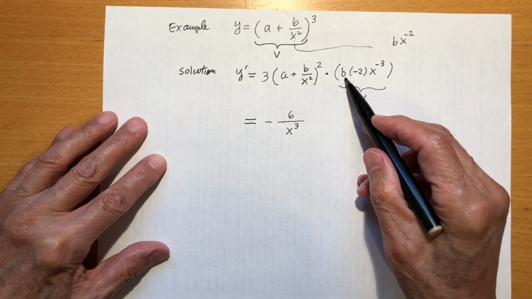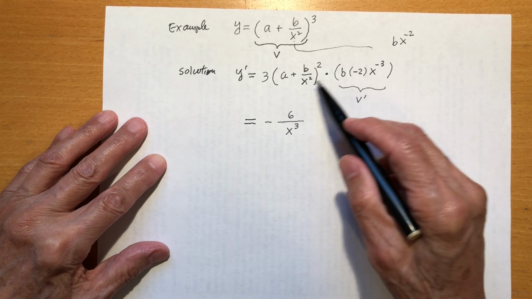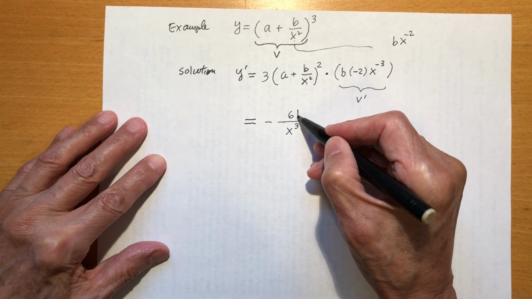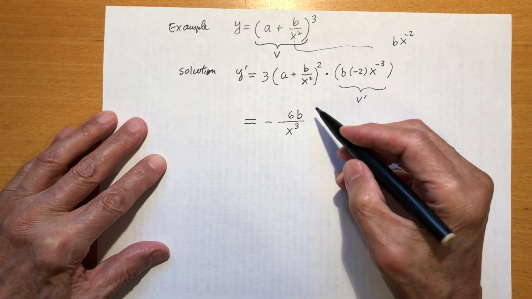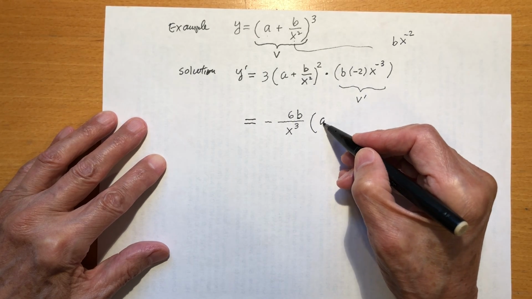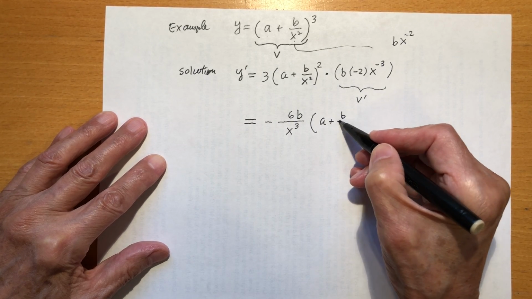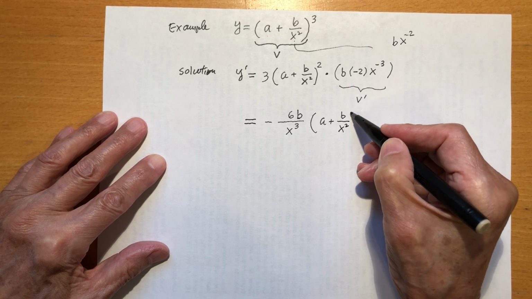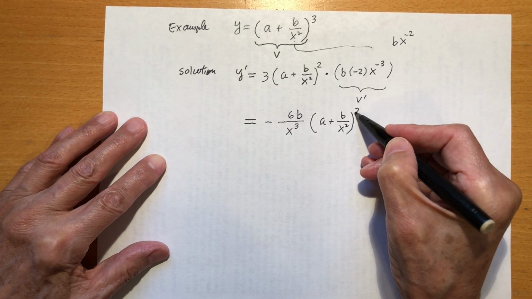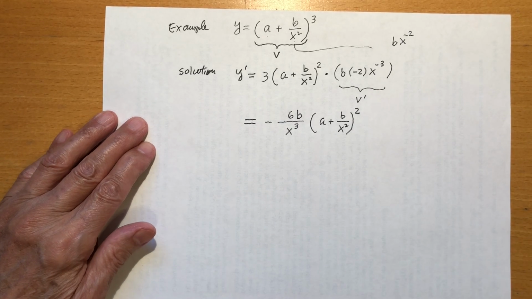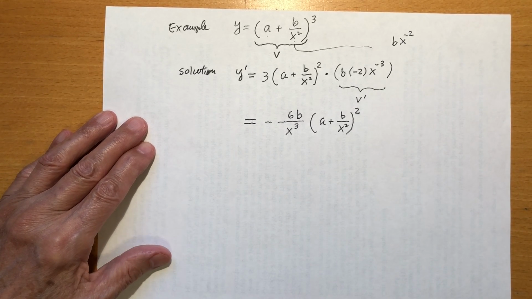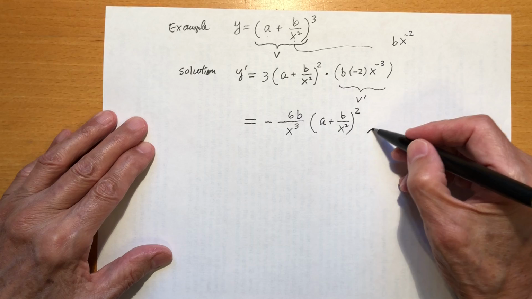I still have a b there, so I should write 6b here. And then I have this. So this is my result, this derivative.